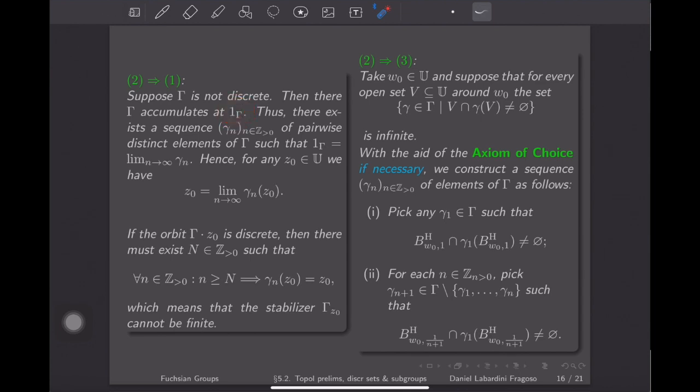Yeah, and so since the identity is an accumulation point, it is a limit of elements in gamma, an honest limit, right, not something stationary. So there is a sequence of pairwise distinct elements of gamma that converge to it.